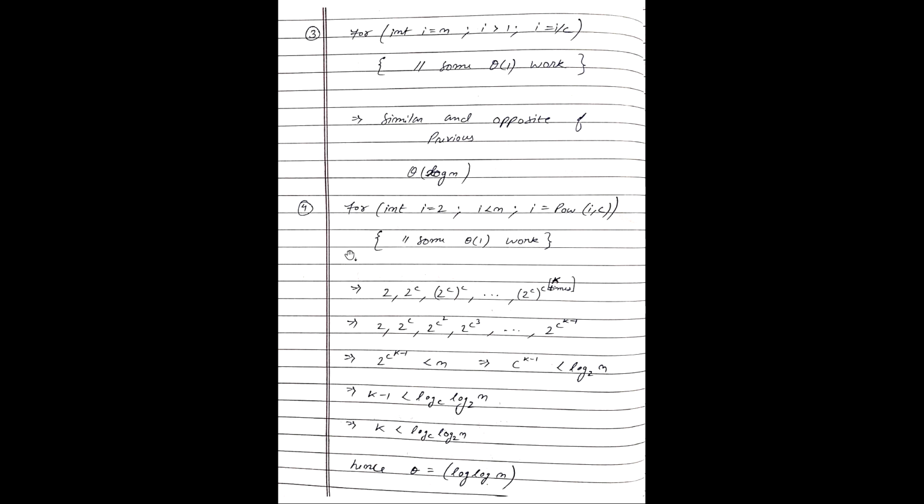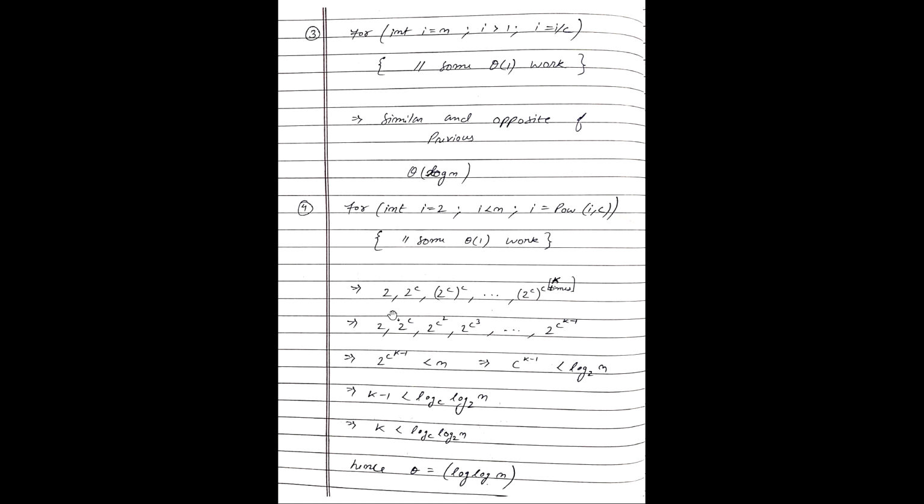Coming to our fourth question, for int i equals 2, from 2 to n, it is increasing the value of i by a power, that is i to the power c, where c is a constant, and there is some theta. For solving this question, we are going to work in detail.